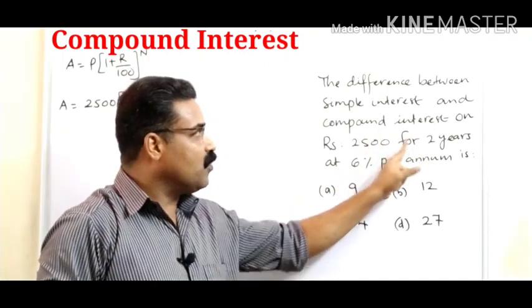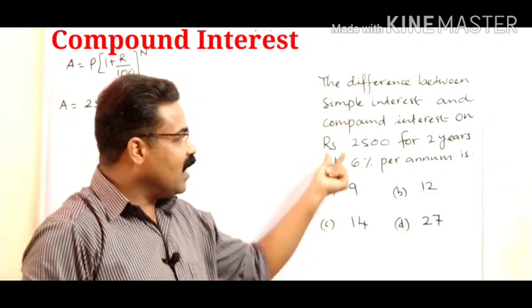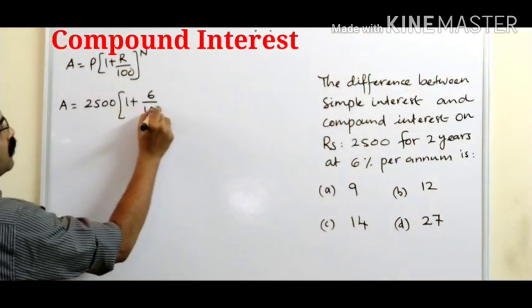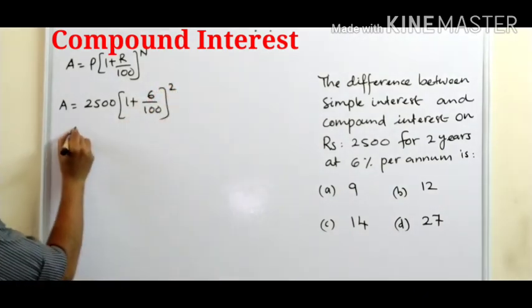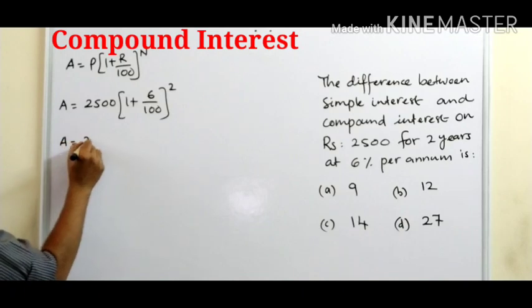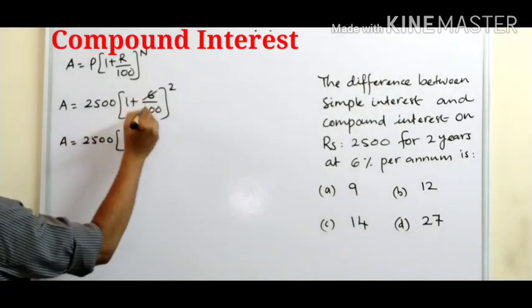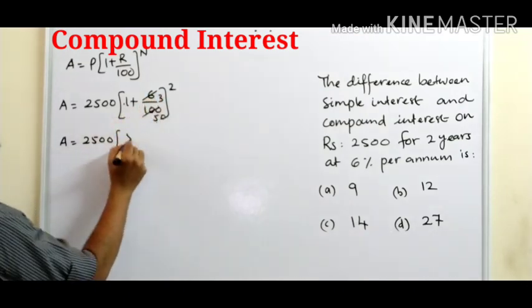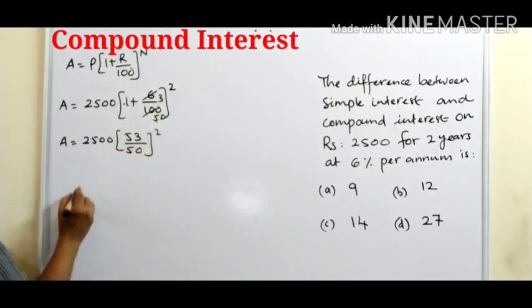Whether it is half yearly or quarterly, nothing is given, so we can take 6% directly. So 6 by 100, for 2 years, so power 2. So this will become A is equal to 2,500 into 106 by 100. You can cut it how many times? 3 and 50, 50 plus 3, 53 by 50 square. So this will become what?